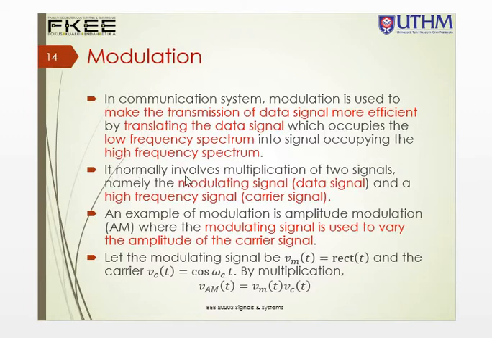So normally it involves the multiplication of two signals. Which two signals? That is the modulating signal, or we call it the data signal, and this signal is low frequency. And the high frequency signal, or we also call the carrier signal, and this carrier signal is high frequency.